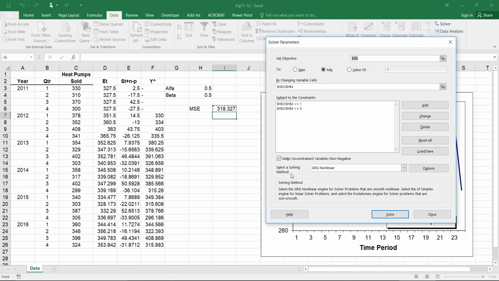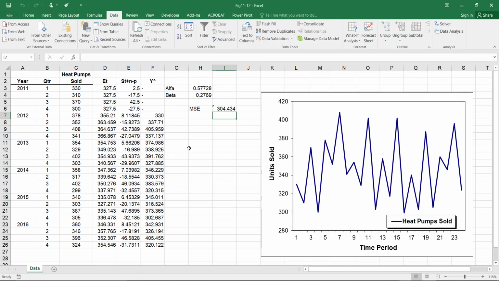And because we are dealing with nonlinear optimization, we select the GRG nonlinear optimization, and then we solve this problem. So you can see we got the value of alpha 0.57, and beta equal to 0.276.